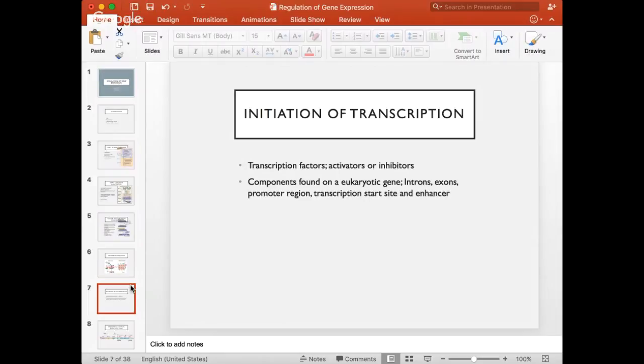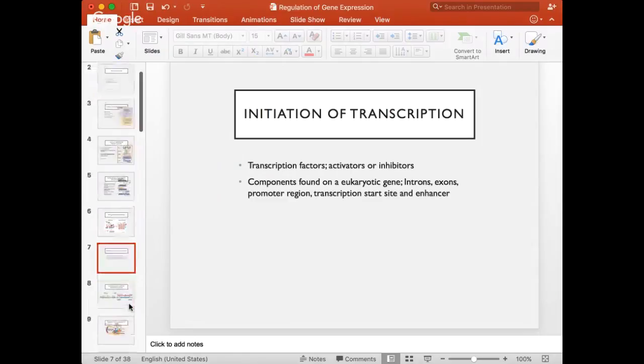Next, everything I talked about is about transcriptionally active and transcriptionally inactive. Transcriptionally active is loose, as you can see here. Transcriptionally inactive is the condensed form. When it's active, the promoter region can be noticed and transcription could occur.